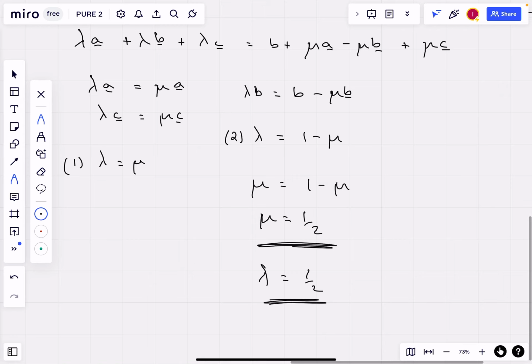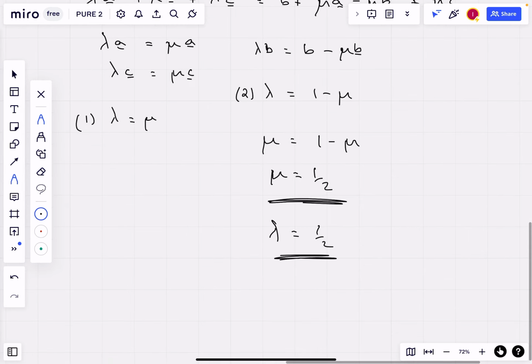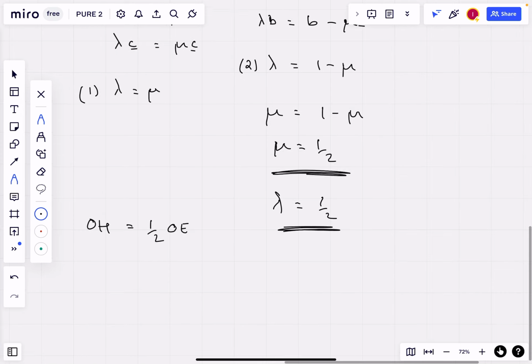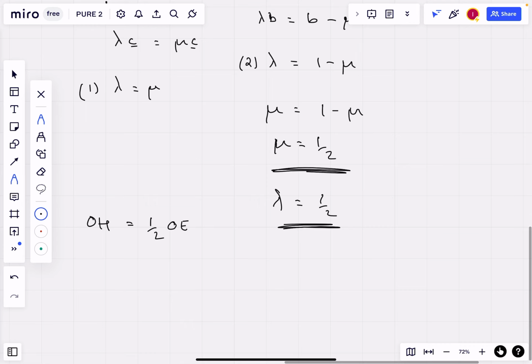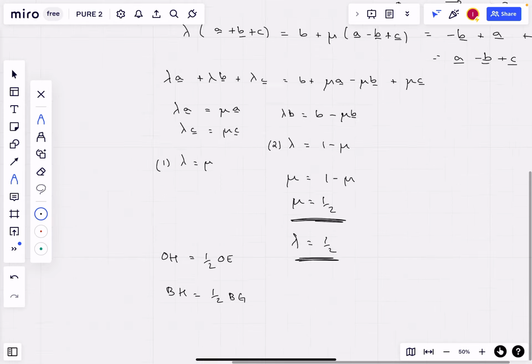Okay? Since they're equal to a half, that means OH equals a half of OE. So H bisects OE. And BH equals a half of BG. So H bisects BG. There you go. Done. That's it.